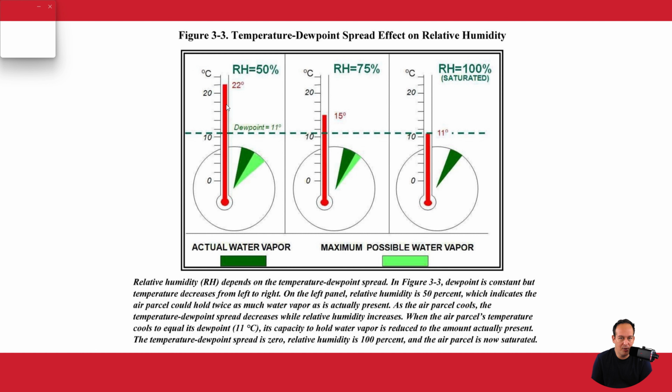Now, as that temperature decreases, as we see in the center, it gets closer to the dew point. It's the same amount of water vapor, but the possible water vapor area decreases. And then as the temperature keeps decreasing and reaches the dew point, this is the maximum amount of water vapor that can be contained in this air parcel, so we would say that this is 100% saturated, 100% relative humidity.